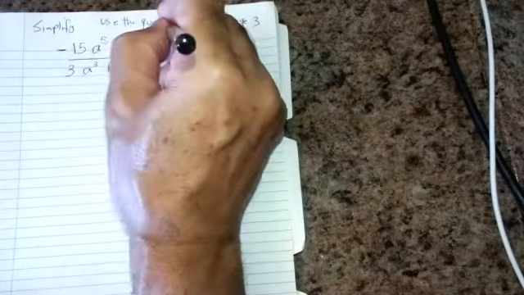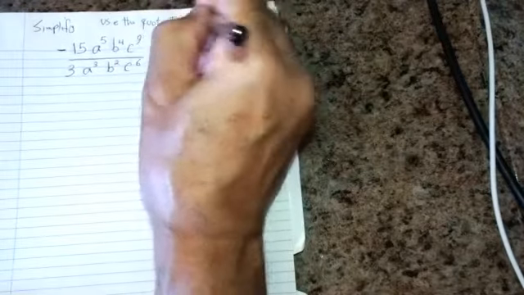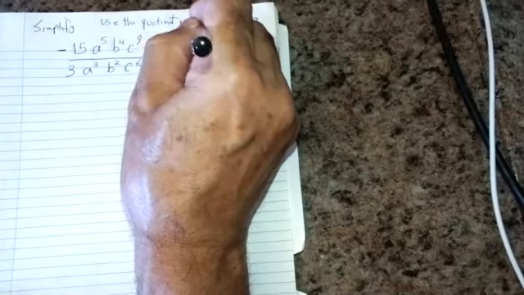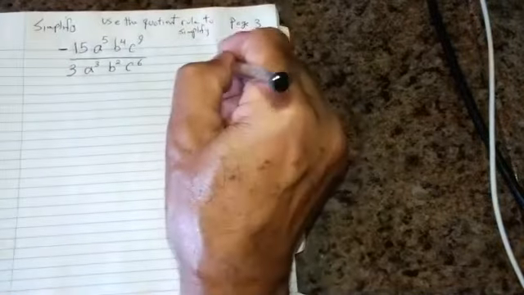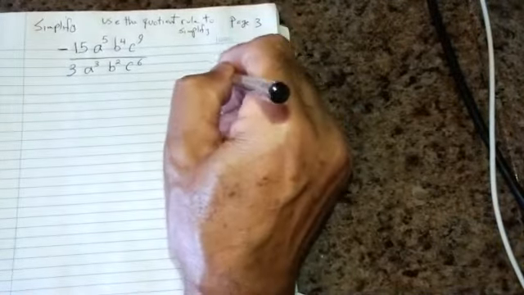And what they're saying is use the quotient rule. Use the quotient rule to simplify. What is the quotient rule? It's just this one. We talk about it, right?